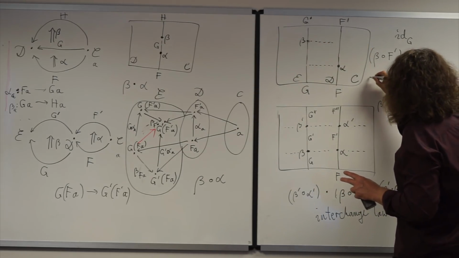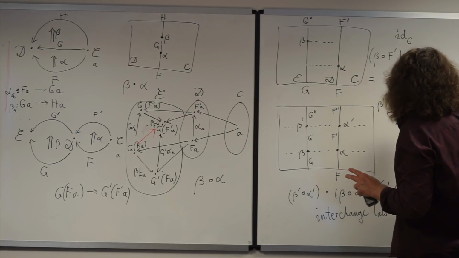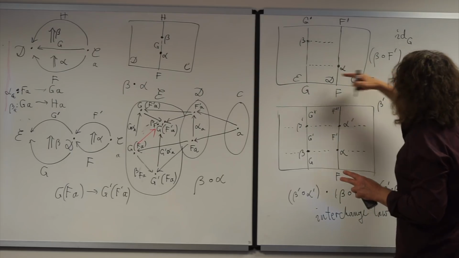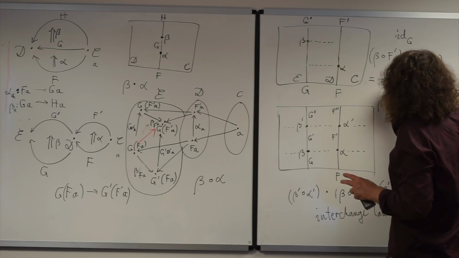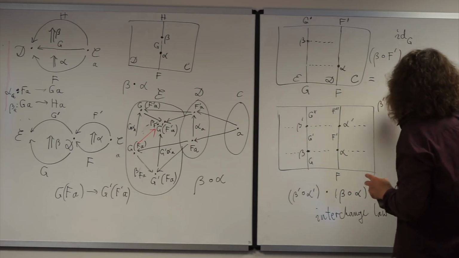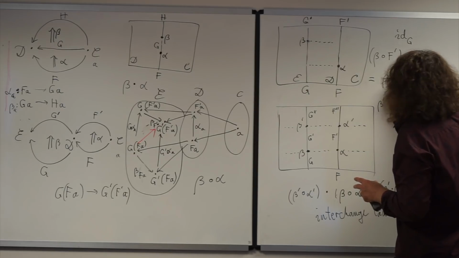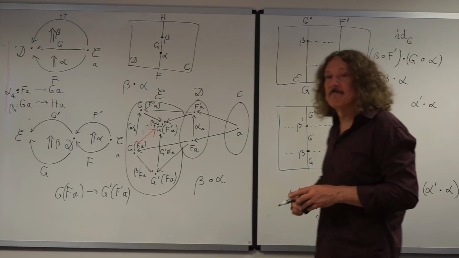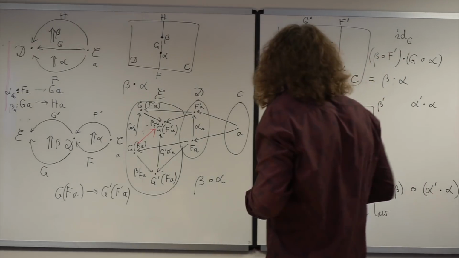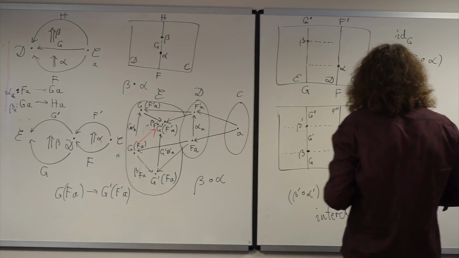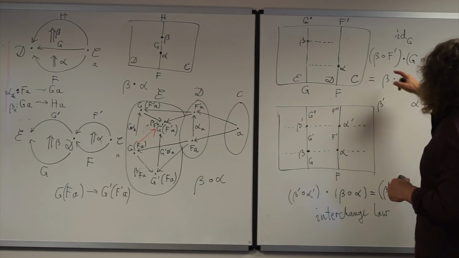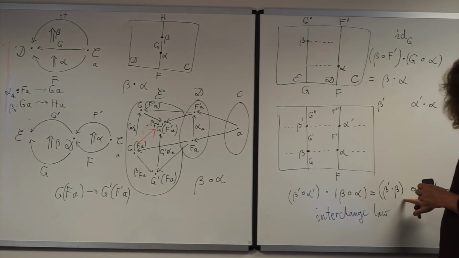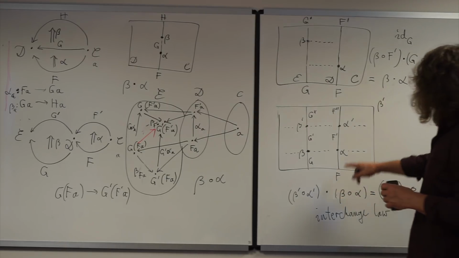And by the interchange law, this is equal. The other interpretation is simply beta after alpha, because this is identity, this is identity.